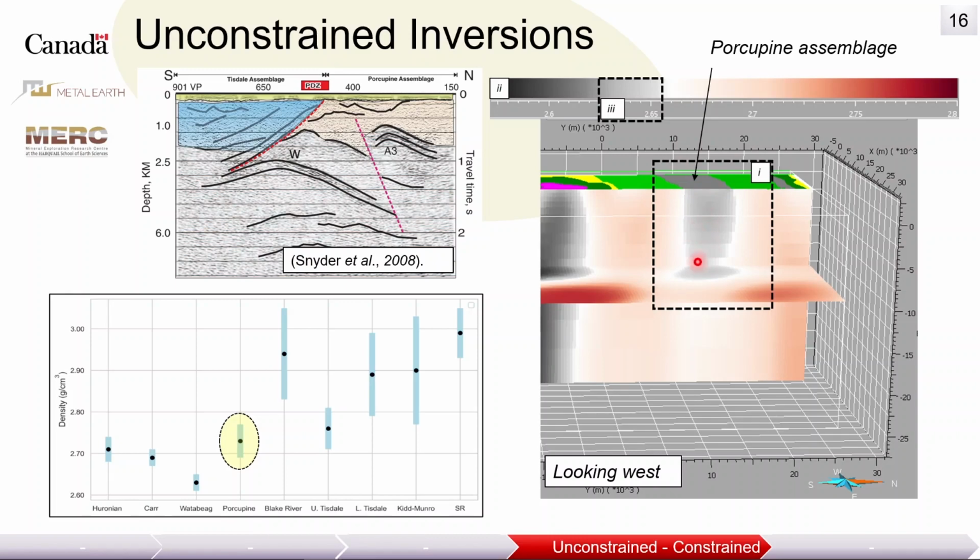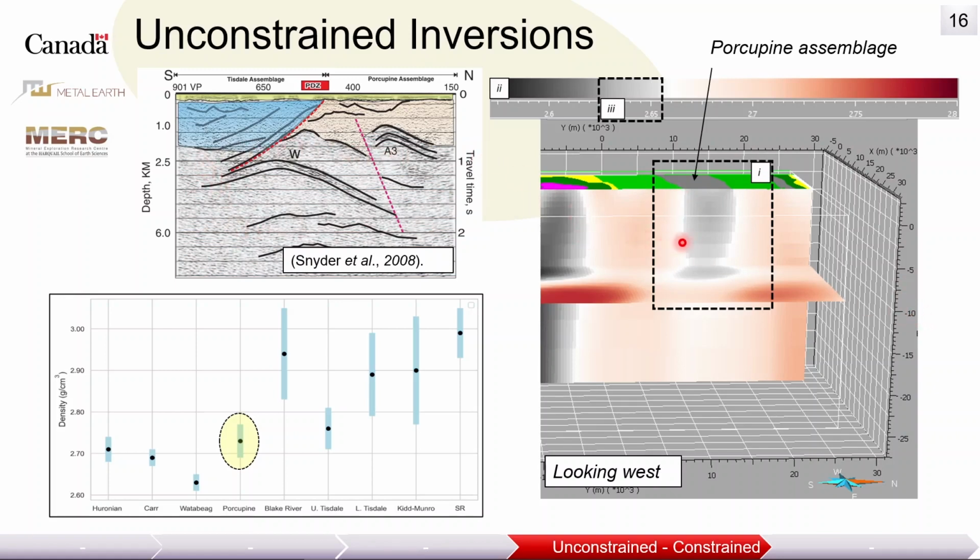Comparing this to previous studies, which interpret the Porcupine assemblage as much thinner, this inversion gets about 10 kilometers thickness here, and here about 2 kilometers.